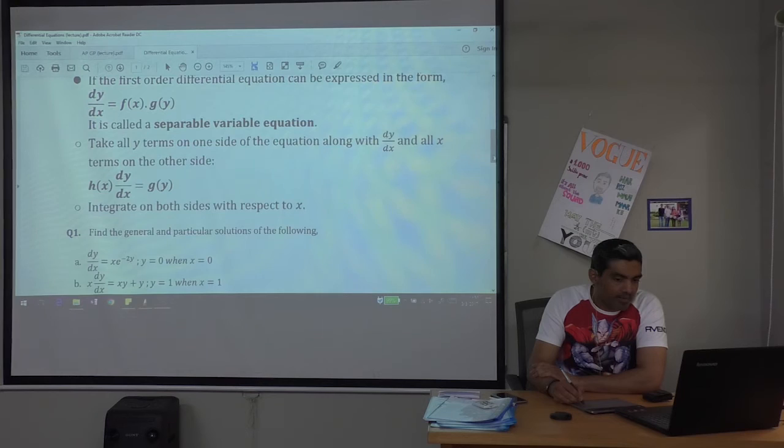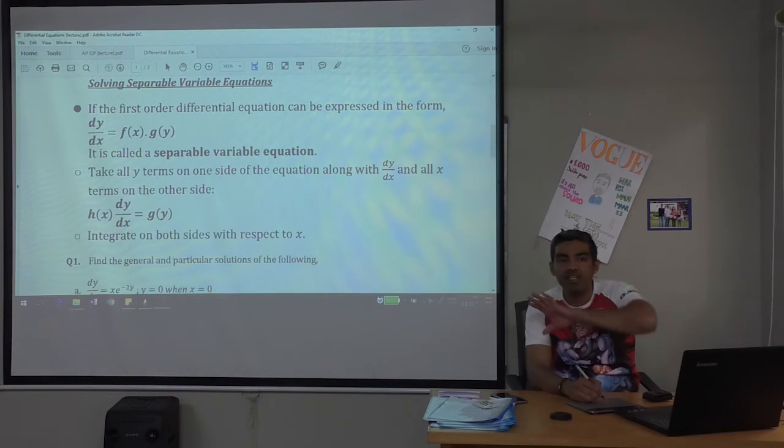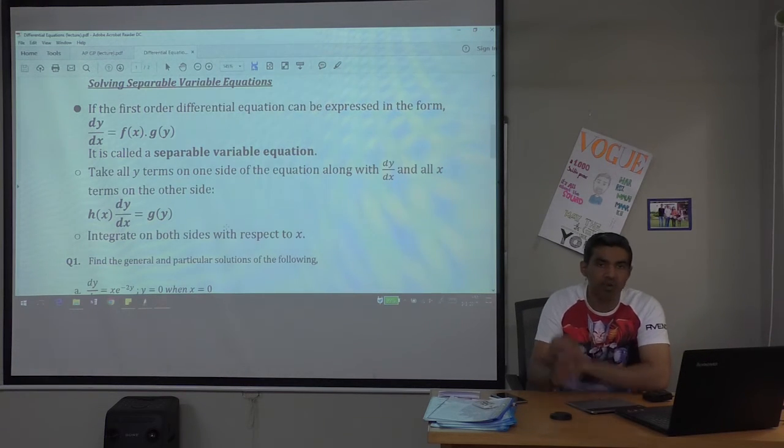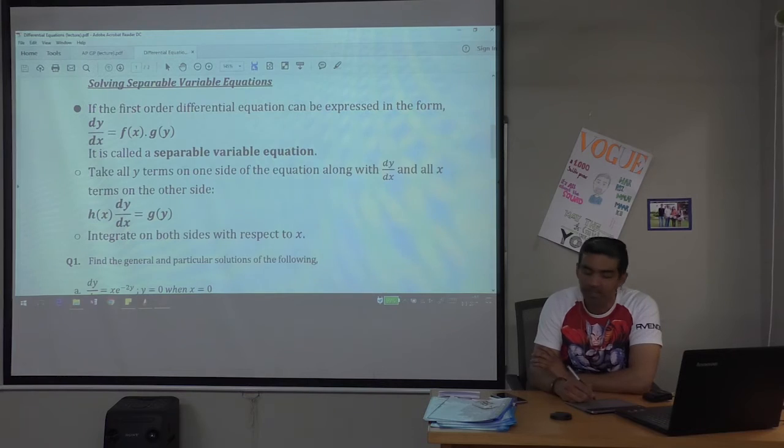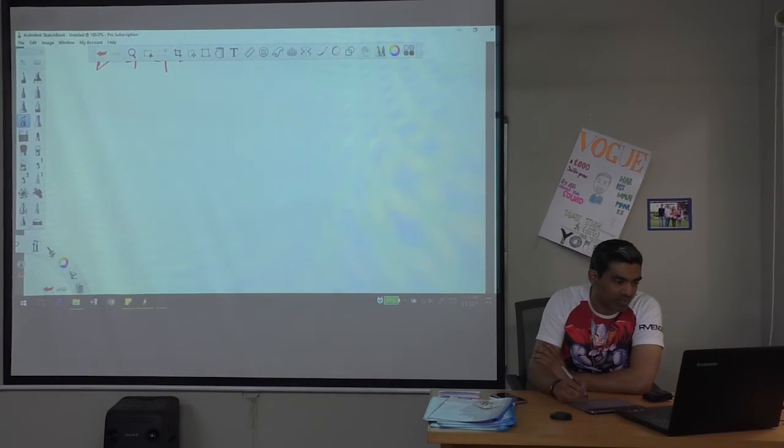If the first order differential equation can be expressed in this form, it is called a separable variable equation. Take all y terms on one side of the equation along with dy by dx, and all x terms on the other side. The y terms go with dy by dx because the dx doesn't get split to the right side. Even if you don't think of it that way, you can think of it another way. It's just a perspective.